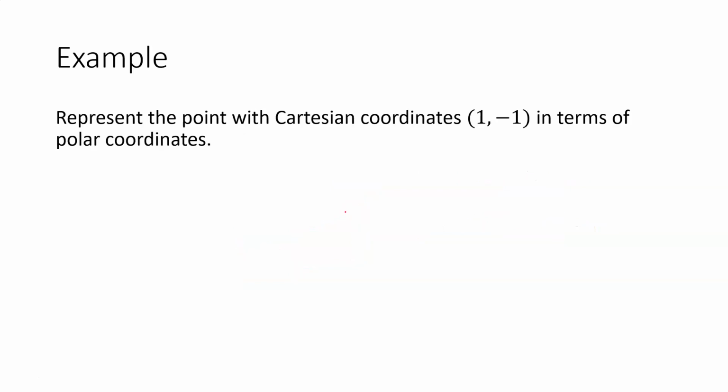Let's practice going the other direction. Here I have a Cartesian point 1 comma negative 1. Where would that land? So I have a point here, 1, -1, that's in the fourth quadrant.